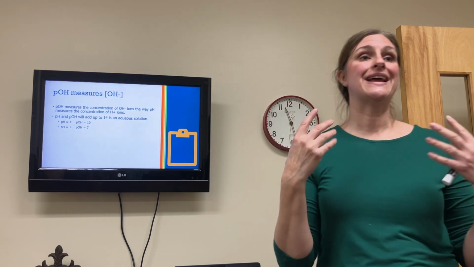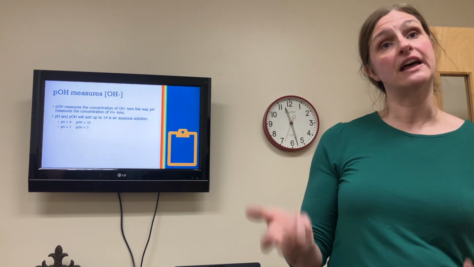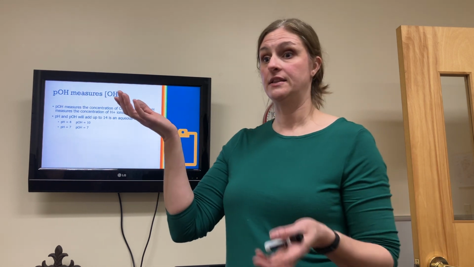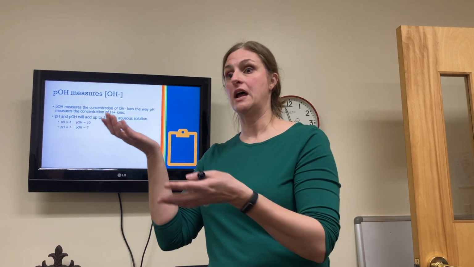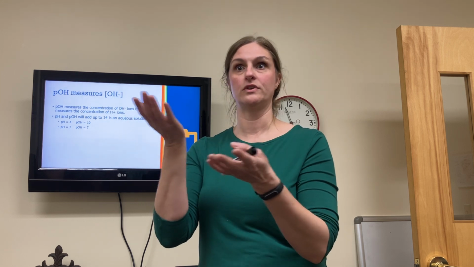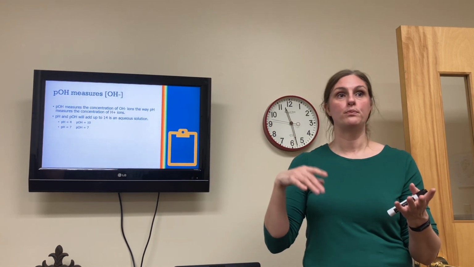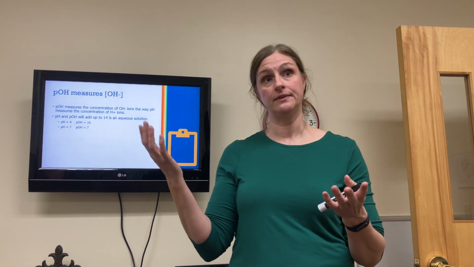Water we say is neutral if it has a pH of 7. If that pH goes up to 8, then our pOH will go down to 6, because that adds up to 14. If our pH is 1, our pOH will be 13.